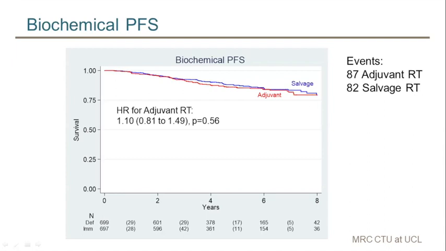Basically, there's no difference in those two curves. And then if you start looking at the clever statistics, you look at this thing called the hazard ratio. And if the hazard ratio crosses 1, then it means there's no difference in the two groups. And this is going from 0.8 to 1.4. So it's plumb over 1, which means there's no statistically significant difference between these two groups.